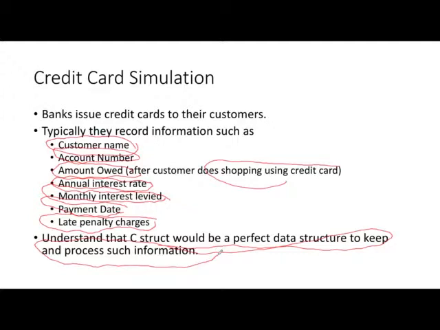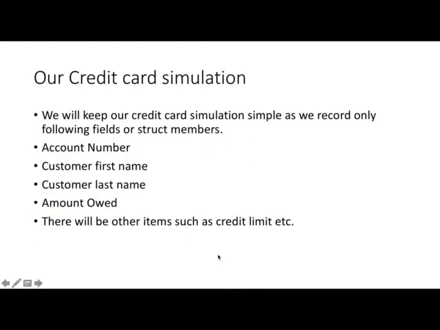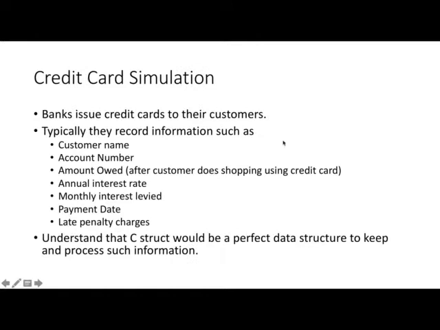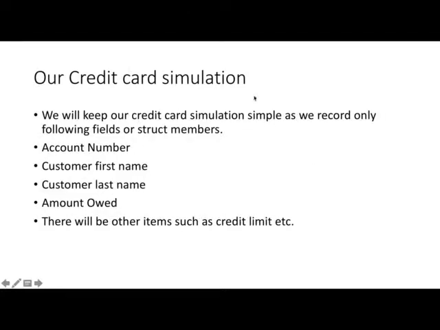But here in the previous slide we're talking about a number of different fields, but we'll keep our credit card simulation very simple. We don't want this to become a 100,000 line software. We want to keep it simple.